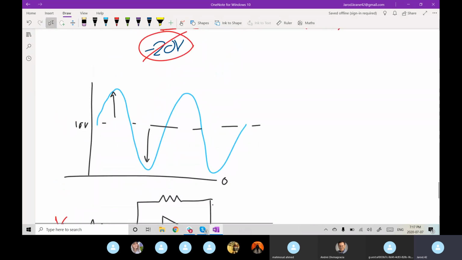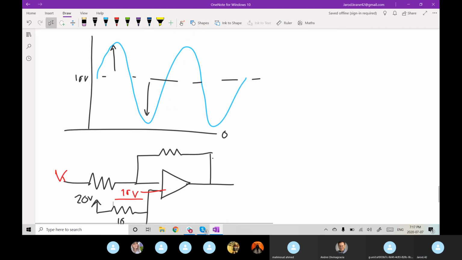So now we can see when we do that, we can see our full sine wave in all that we want it to be. You may have to do something further down the line if you want to center it back around 0 volts.